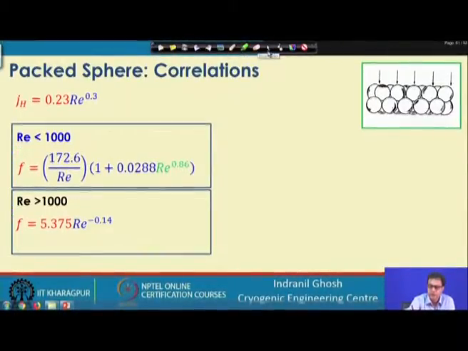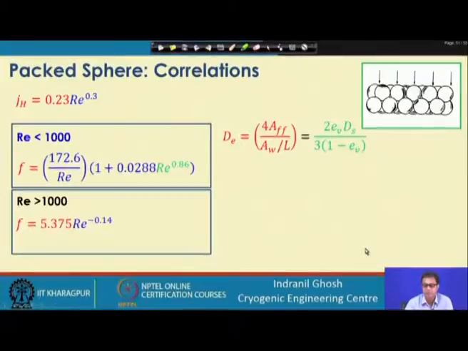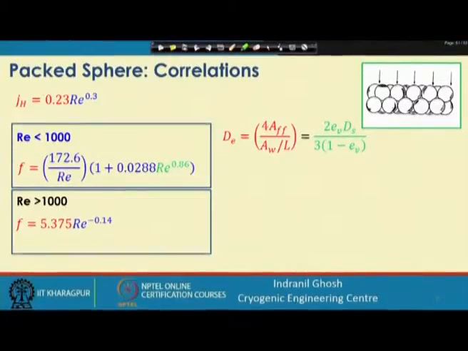Now, when we go for the heat transfer or pressure drop calculation, we have to calculate the Reynolds number, and for the Reynolds number what is important is the characteristic dimension of the system. Here, the equivalent diameter for this packed bed of spheres is given by dE.